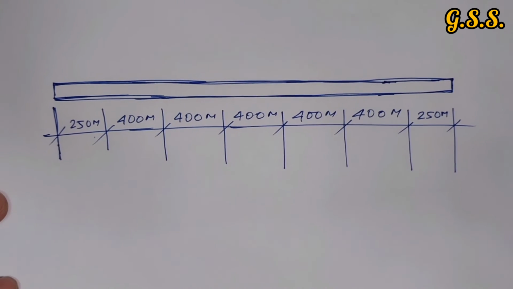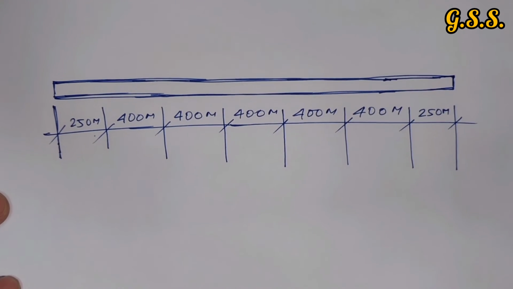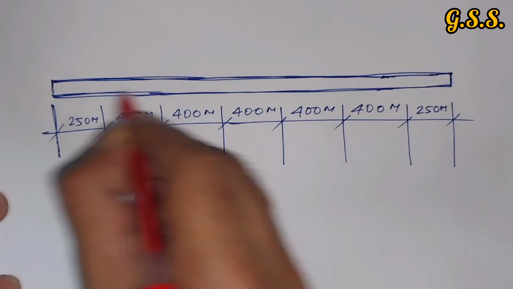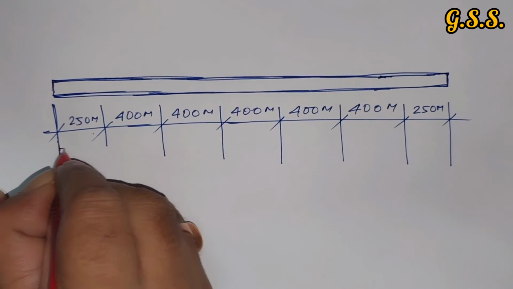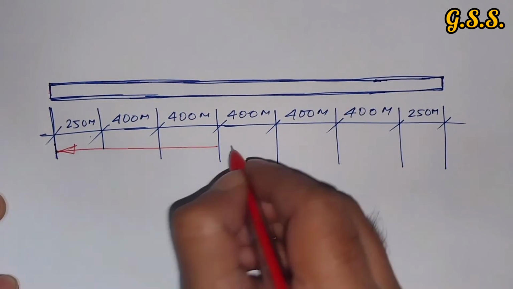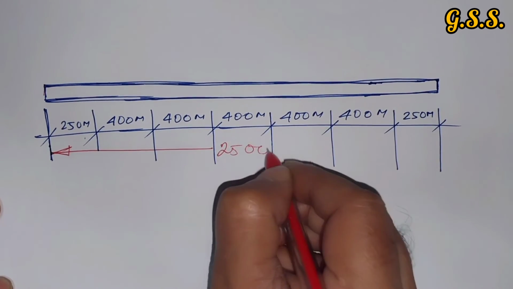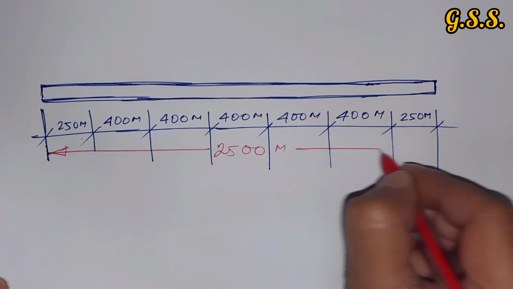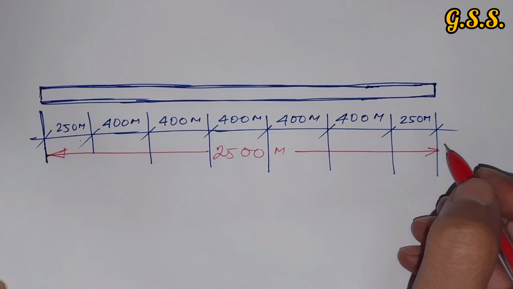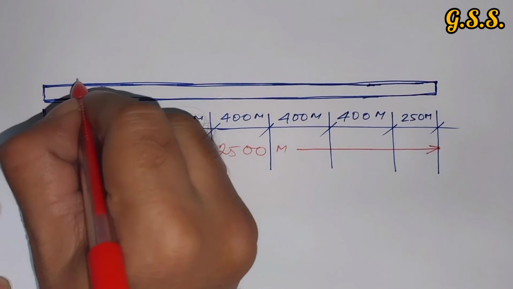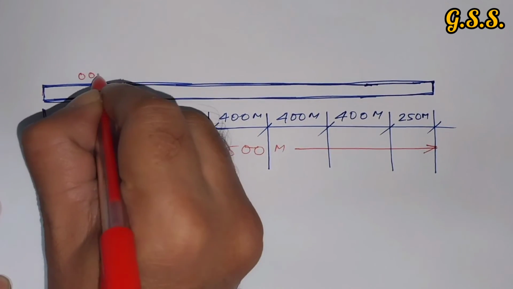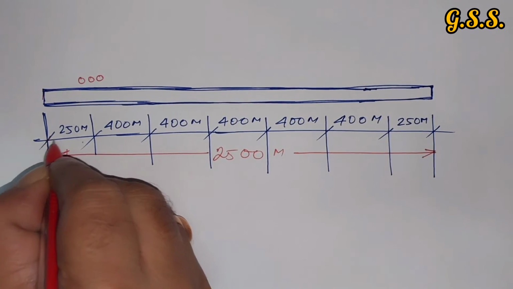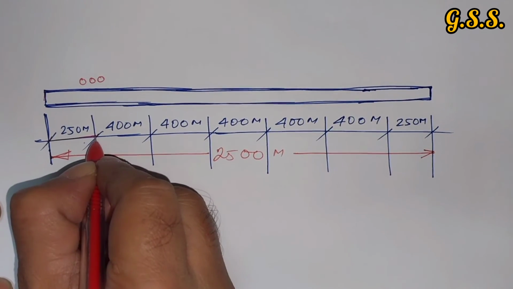Now coming to anode distribution. Say this is the entire pipeline of 2.5 kilometer, 2500 meter. So we provide 3 anodes here at 250 meter distance.